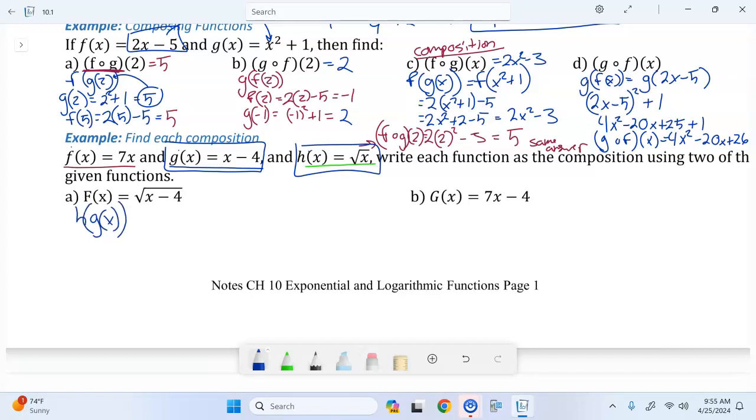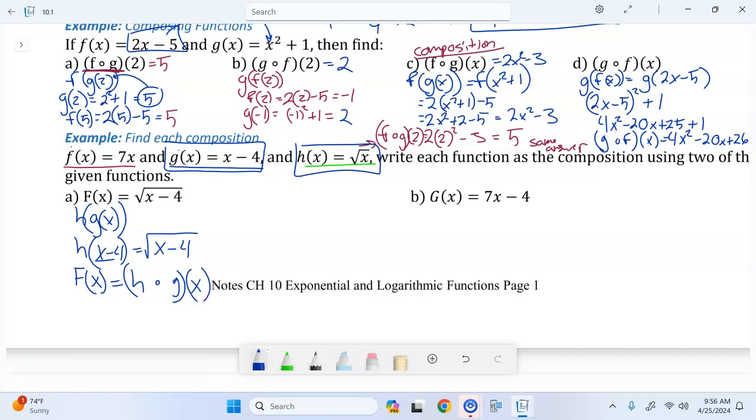Okay, so g of x is x minus 4. We take x minus 4, we plug it into h of x, so we get the square root of x minus 4. So we can see that g of x is our input, so we can just write it as the composition. Big F of x equals h of g of x. G is our input into h.